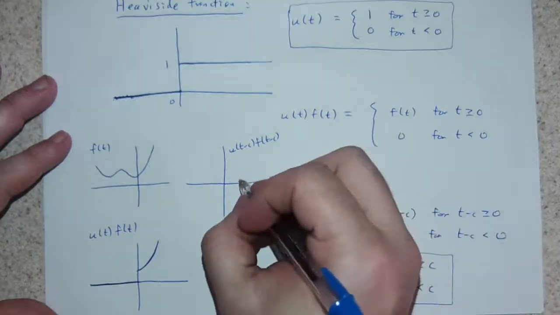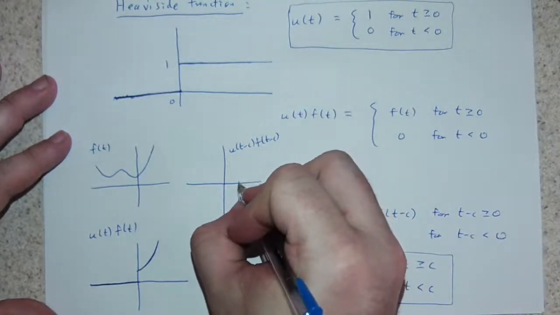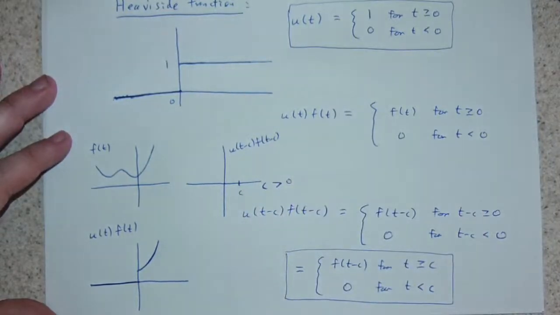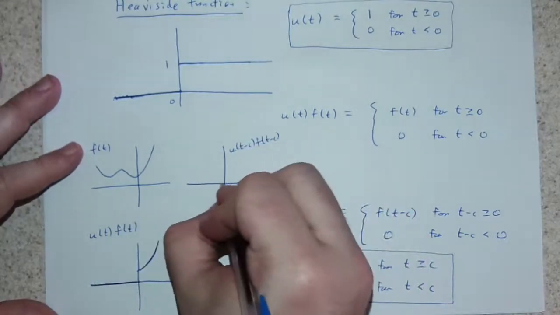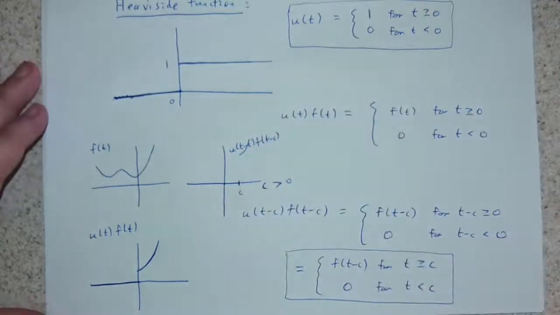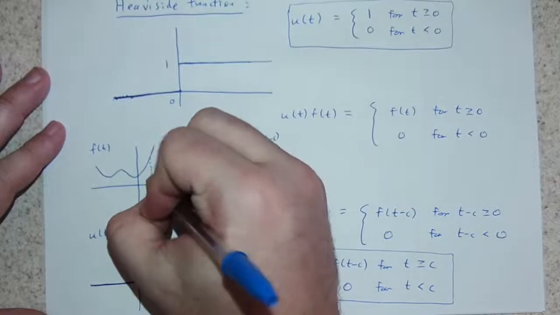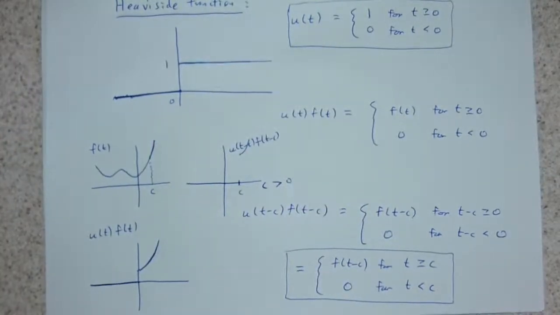So maybe here is c. So instead of getting this picture, what I get is 0 until c, and then it turns on. From that piece on, just this piece is turning on, and everything after it.